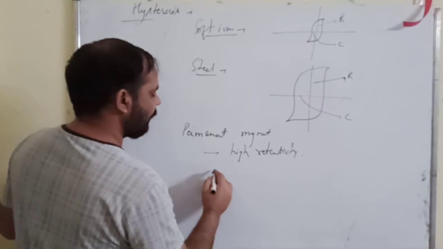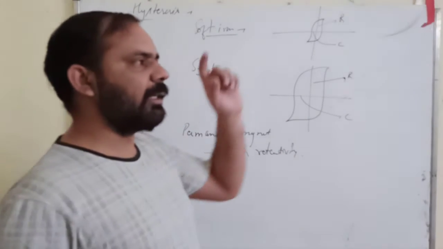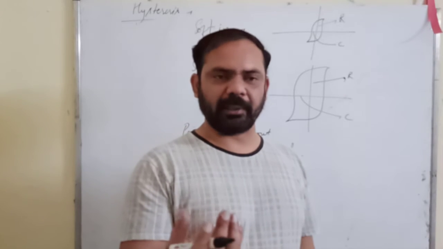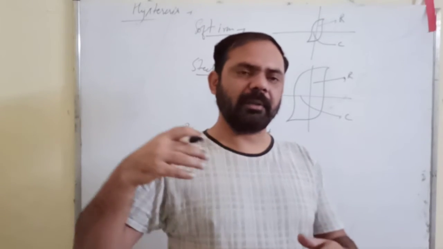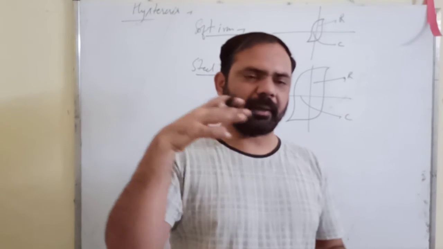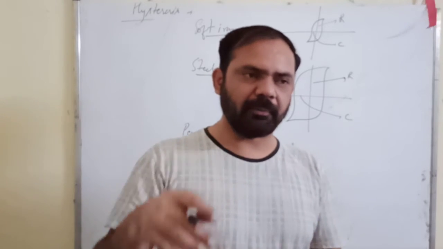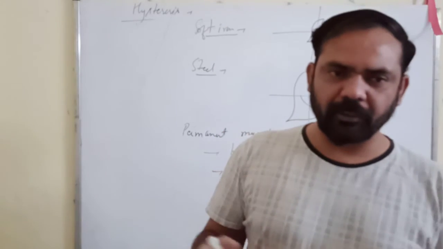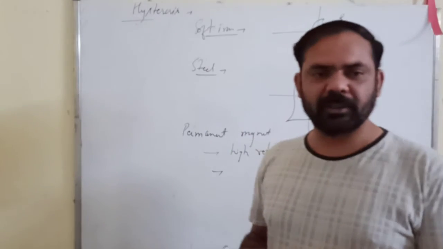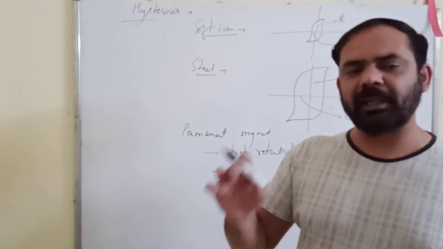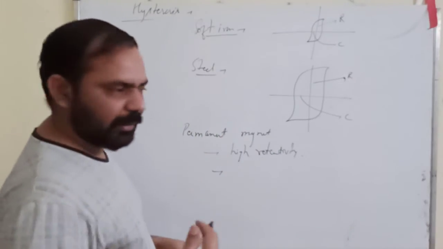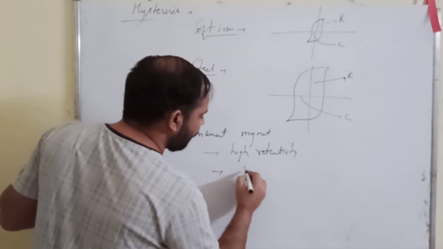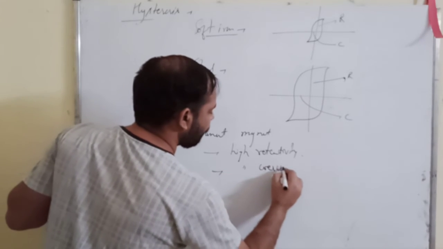Again, it should not easily lose its magnetic properties. In adverse conditions, if you introduce a magnetizing field in the opposite direction, it should not easily get demagnetized. So it means that it should have high coercivity.